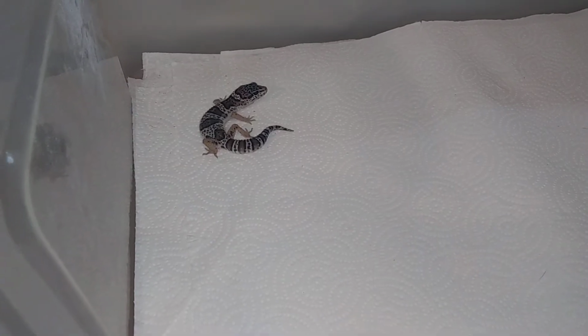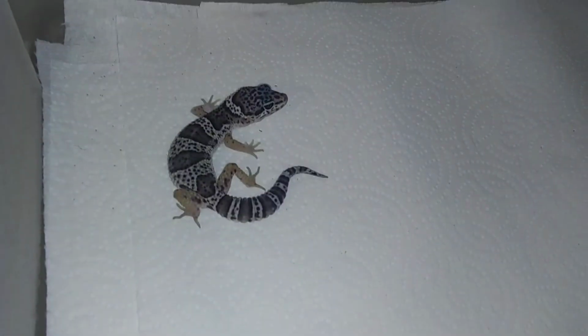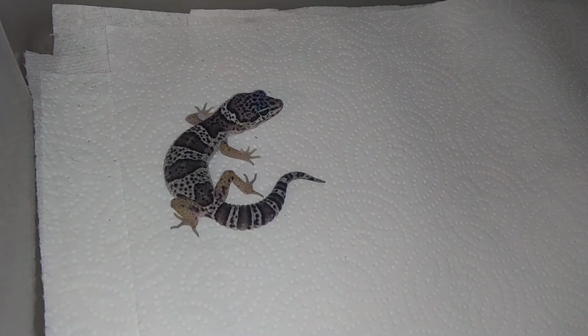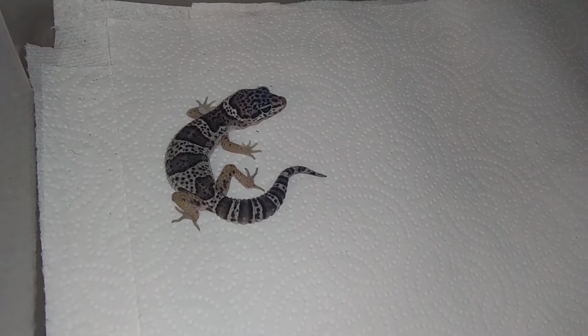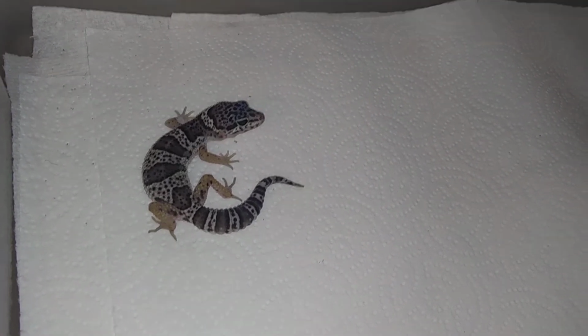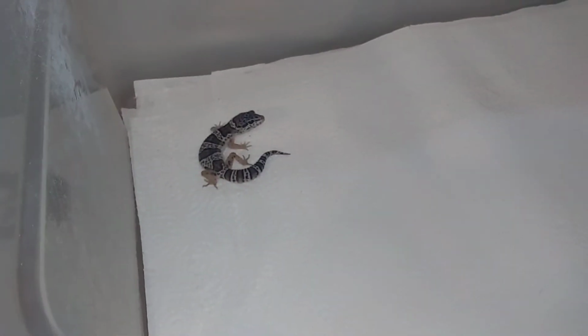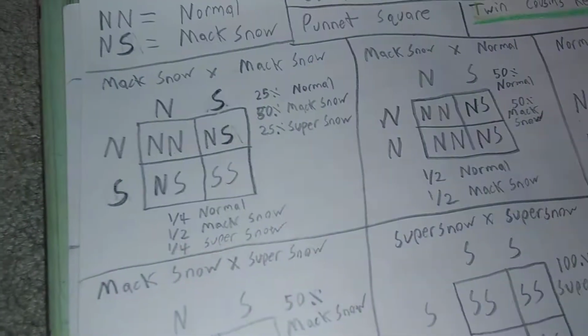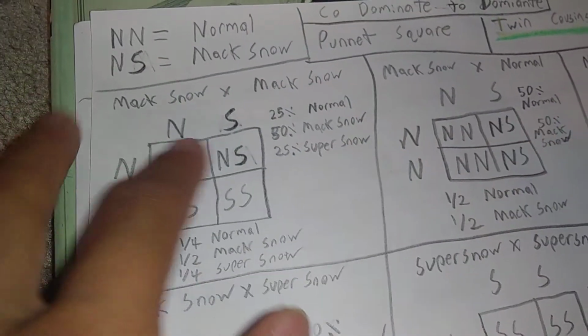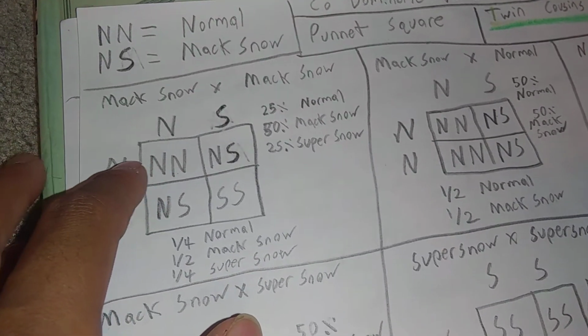It'll look a bit more like this guy, kind of, because he does have a lot more spots than an average Mack Snow. This guy, as far as I know, is just a Mack Snow. And the Super Snow hatchlings look a whole lot different than that. They won't have that banding to them as much. But yeah, 25% normal, 50% Mack Snow, and 25% Super Snow.